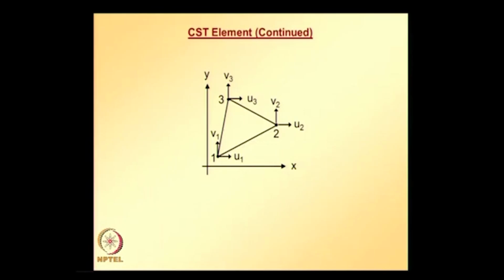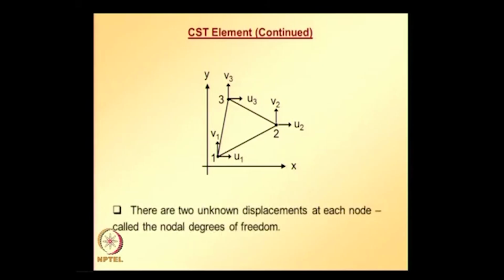So, the trial solution for displacement in the x direction, and for displacement in the y direction, consists of a polynomial which is going to have 3 coefficients, and since we are dealing with a 2 dimensional case here, that polynomial is going to be a linear polynomial in x and y directions. So, there are 2 unknown displacements at each node called nodal degrees of freedom.